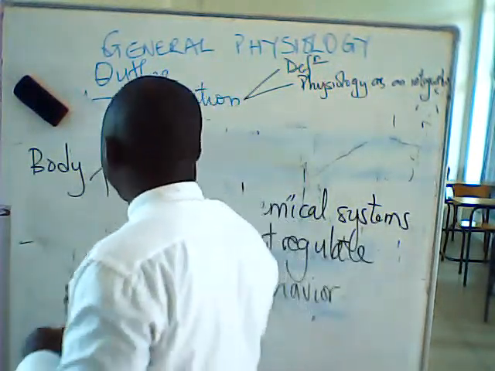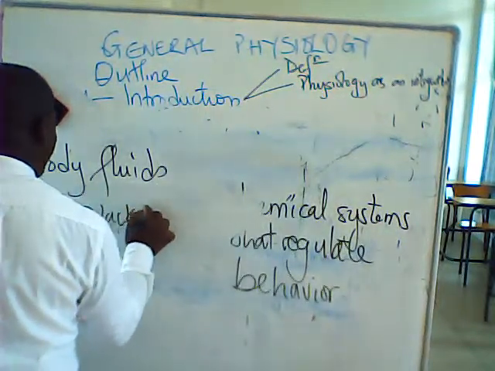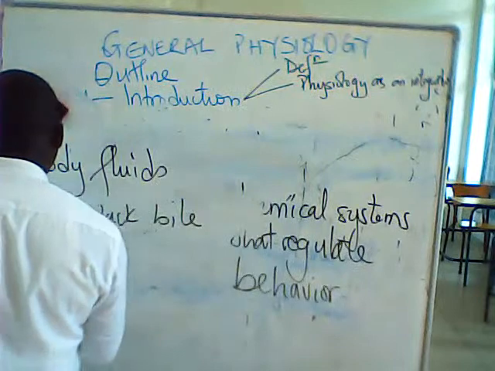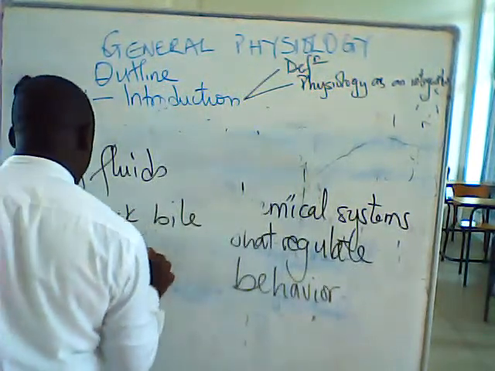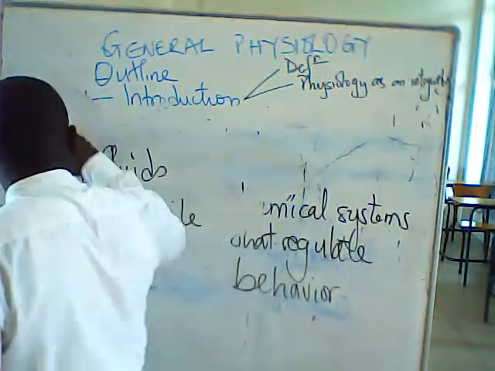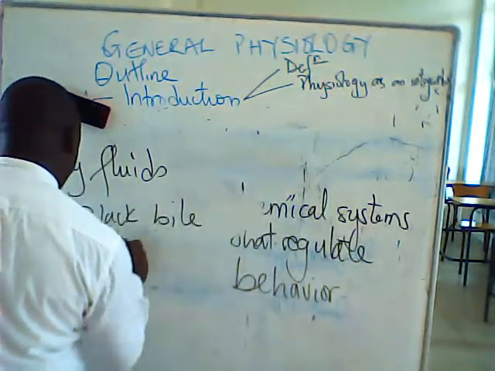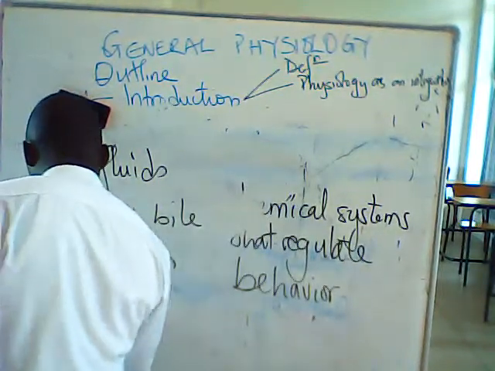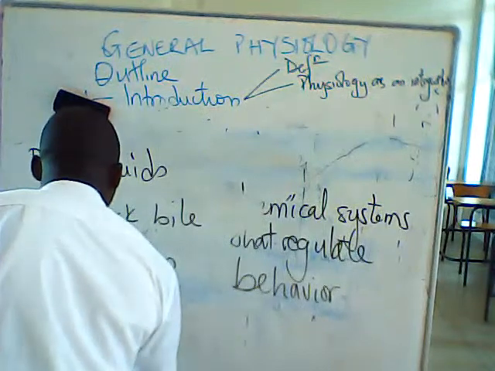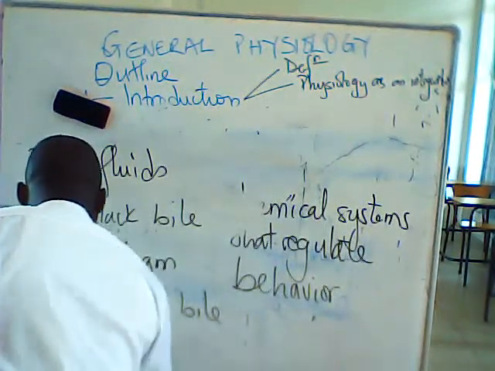Black bile, phlegm, yellow bile, and blood.